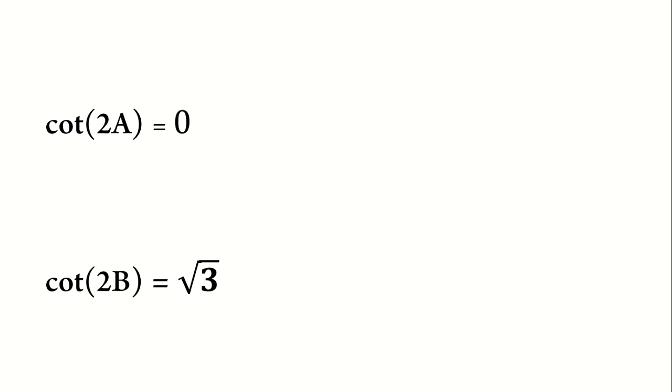So by taking the inverse cotangent, we have 2a equal to pi over 2 and 2b equal to inverse cotangent of radical 3. So 2a is equal to pi over 2, which means that a is equal to pi over 4. And 2b is equal to pi over 6, which is the inverse cotangent of radical 3.